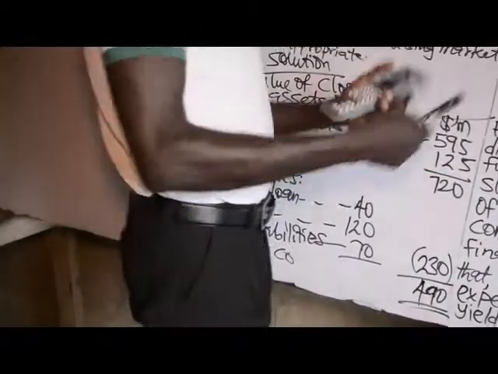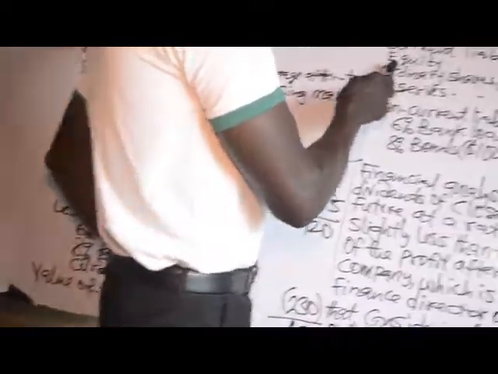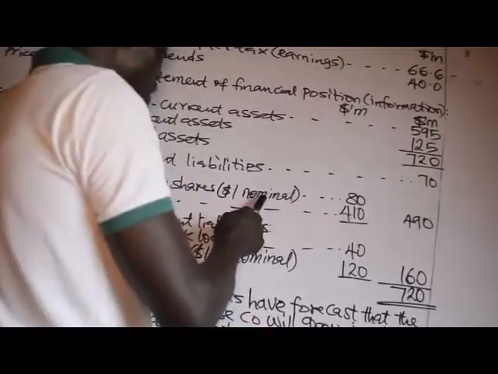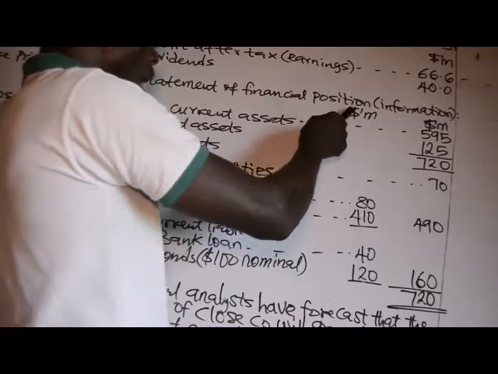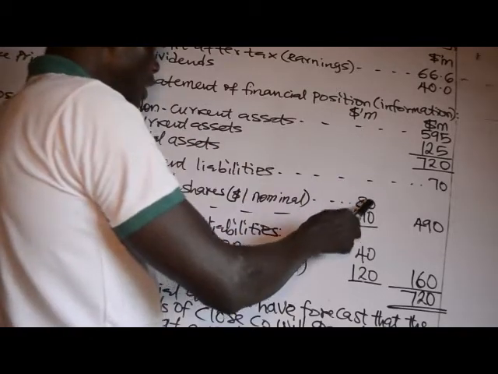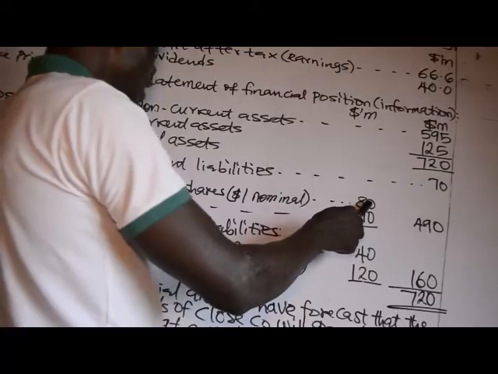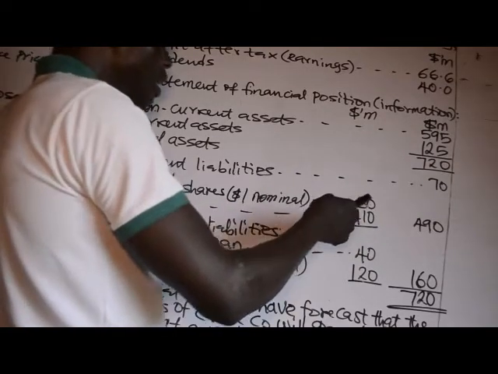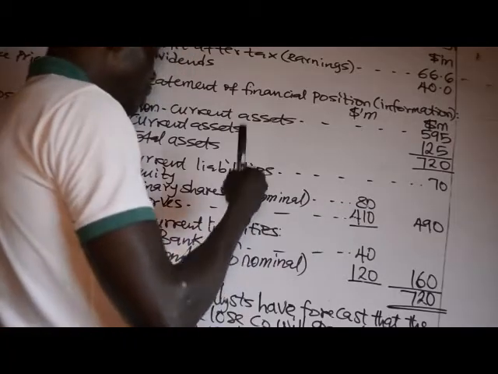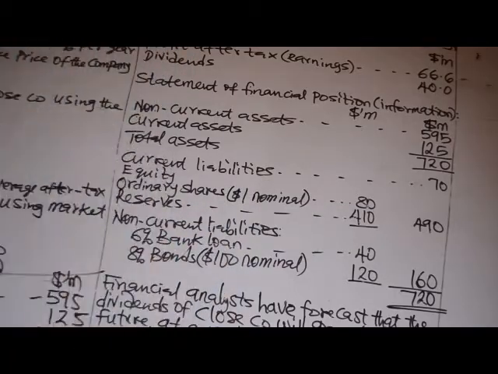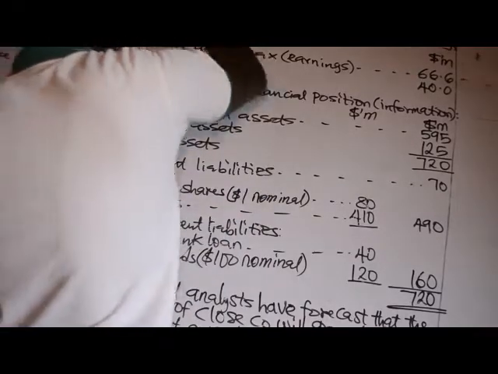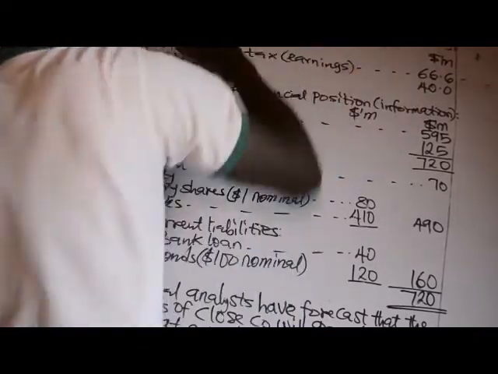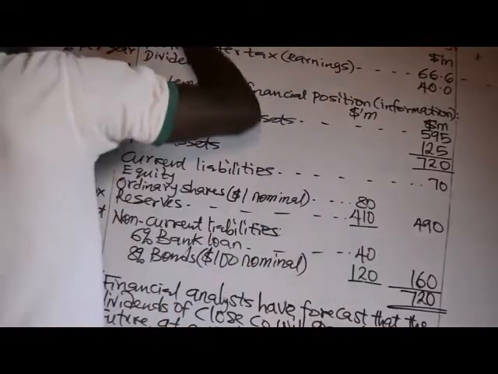Remember, how many shares does Closco have? Closco's equity is ordinary shares of $1 nominal, which is 80 million. Remember, the amount is in millions. So 80 million divided by 1 means Closco has 80 million shares. Now, using the net asset method, what will be the market value per share?